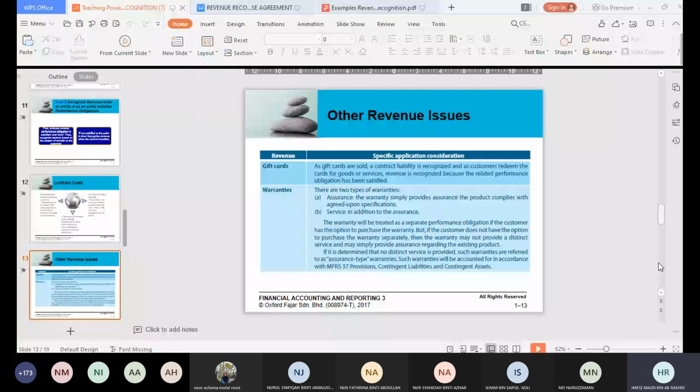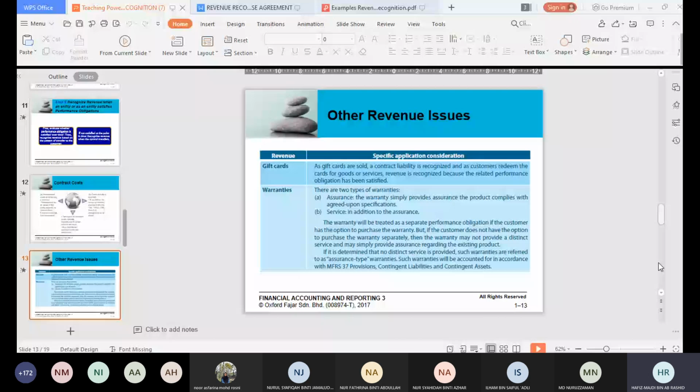For example, if you go and buy some electrical products at the electrical shops, usually electrical products will always come with a normal warranty, like 1 year or 12 months. So this normal warranty comes with a purchase of an electrical product.